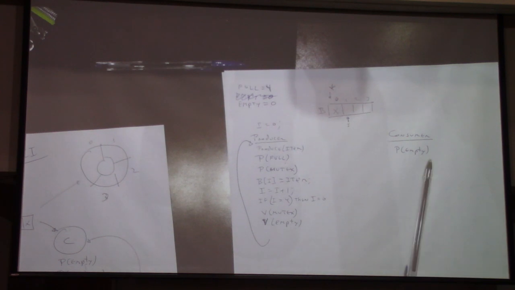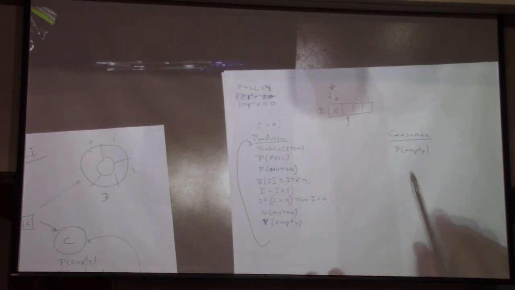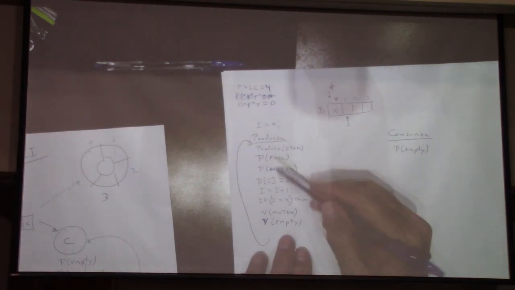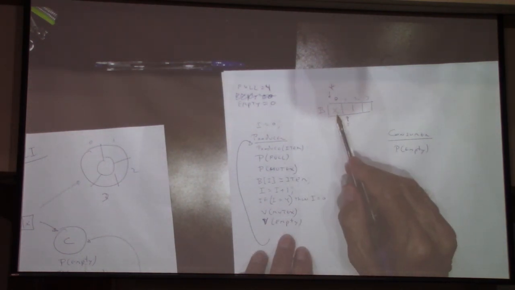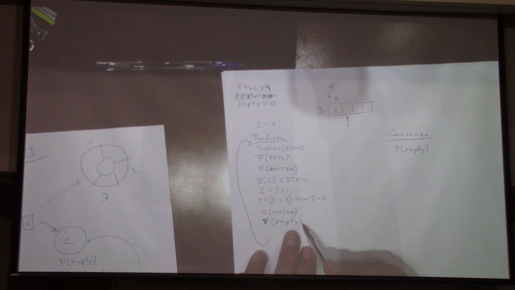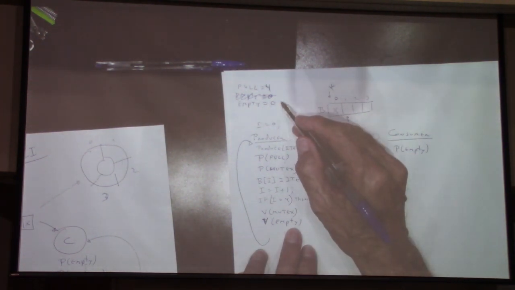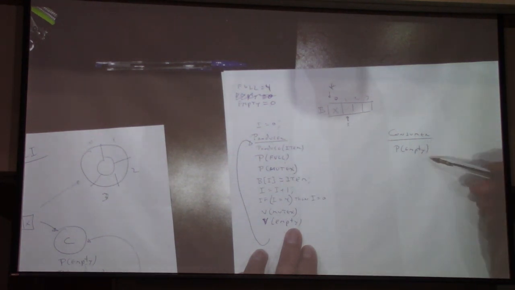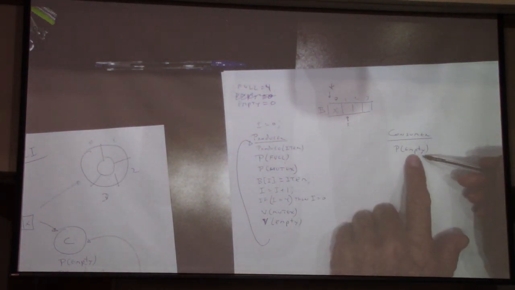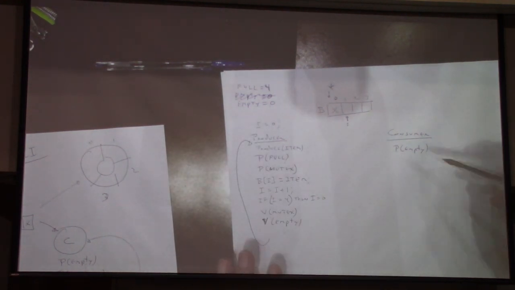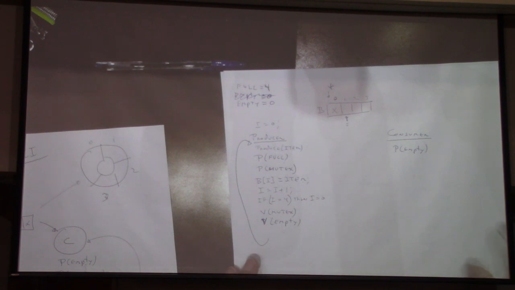If the consumer gets the CPU first and the buffer is empty, we have to stop. In this case, we know that the producer produced an item, and here we're incrementing the semaphore empty by 1. So that goes to 1. So if the consumer gets the CPU, then applies P on empty, and the value of the semaphore is telling the consumer that there are items in the buffer. All right?